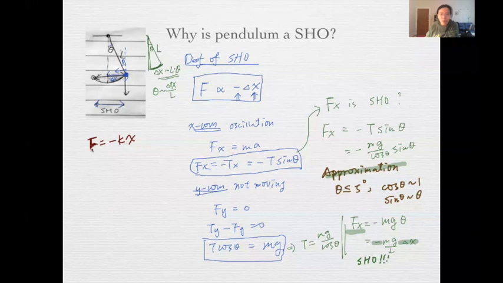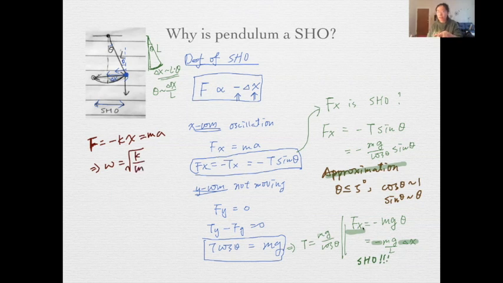Remember in the last video we derived that in the spring system, F equals negative Kx. And because this equals that and also equals MA, then we can derive that the frequency of the spring is the square root of K over M.